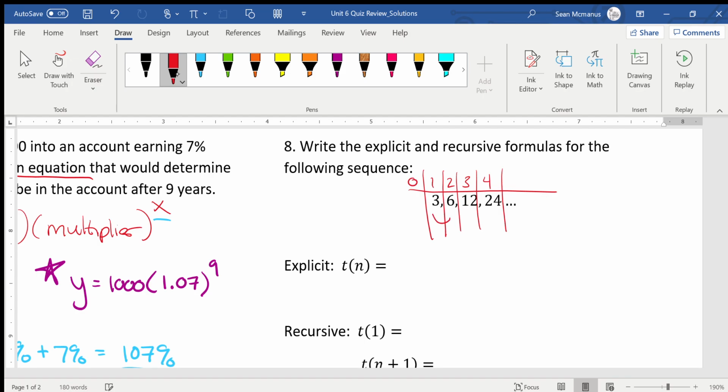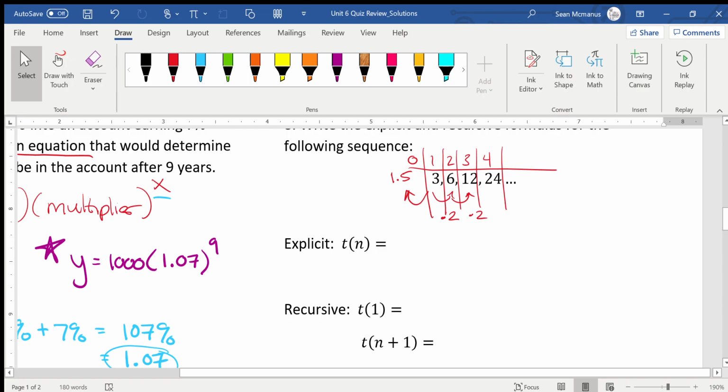We had to recognize that these were multiplying by 2. And going back this way, this would be 3 divided by 2. Probably best would be to write a fraction. Most people made it a decimal, which is okay. So 1.5.